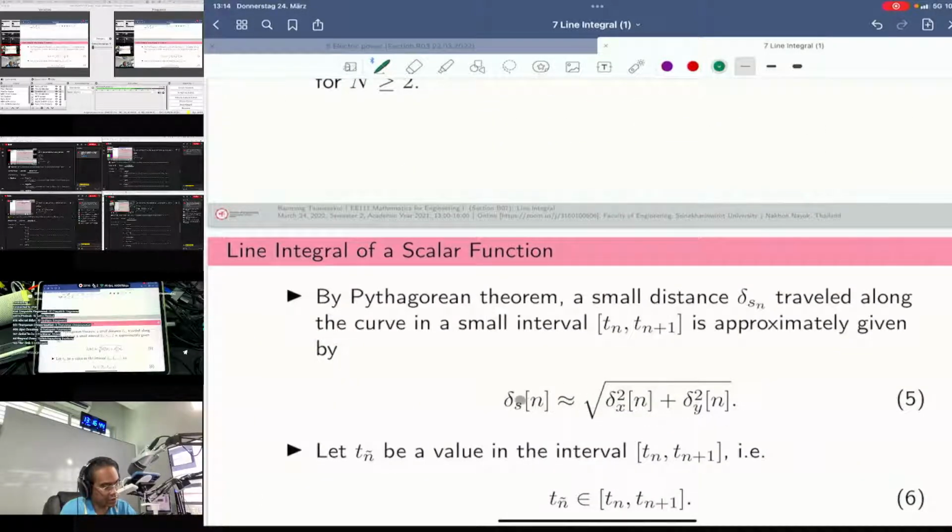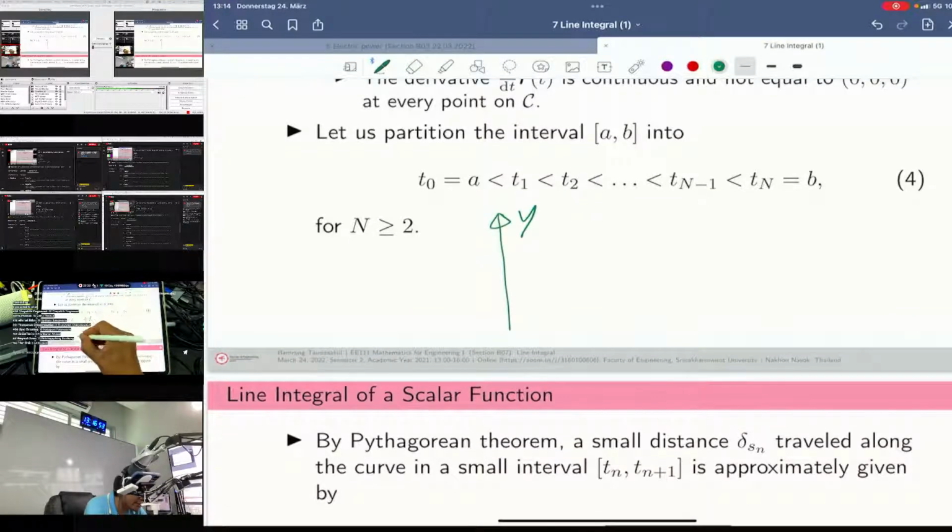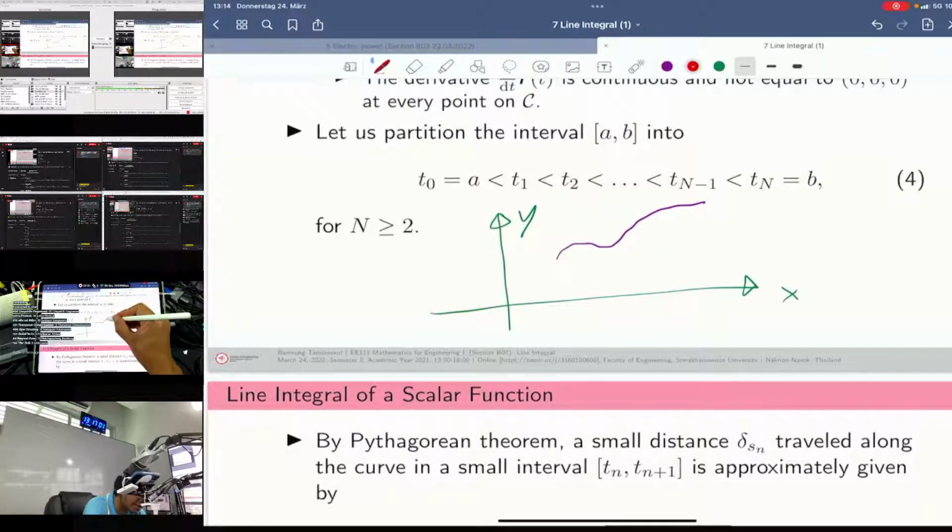If you have here the y-axis and here the x-axis, and you consider this path, and you go along here, this is delta x, and here is delta y.